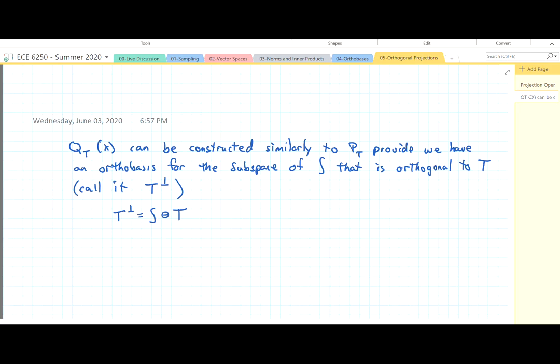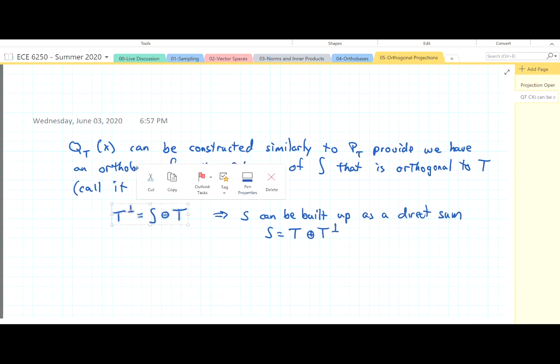But other than that, remove it. Another way of looking at this is that S can be built up as a direct sum. S is equal to T plus the orthogonal subset.